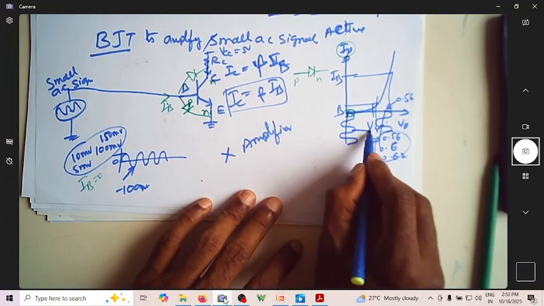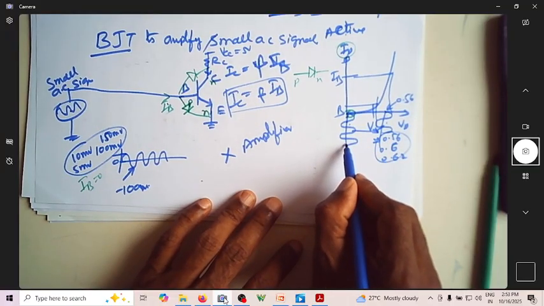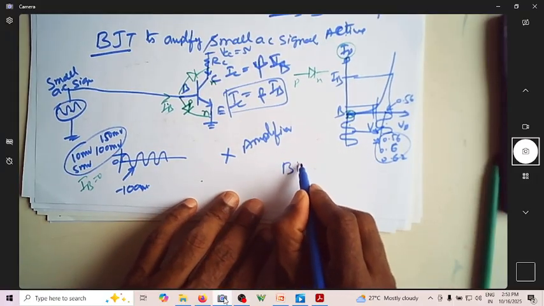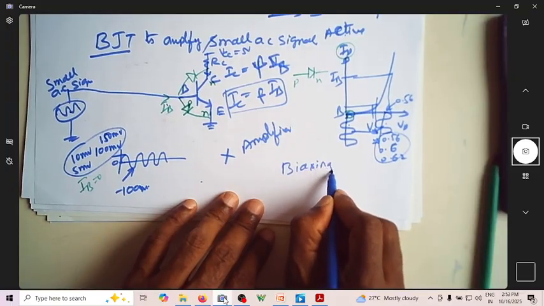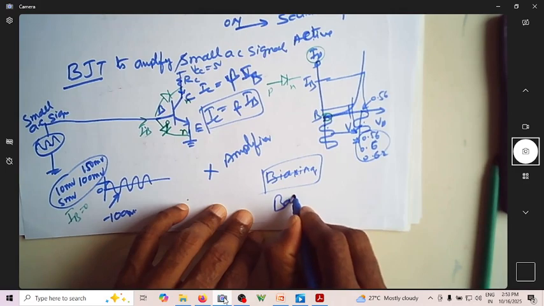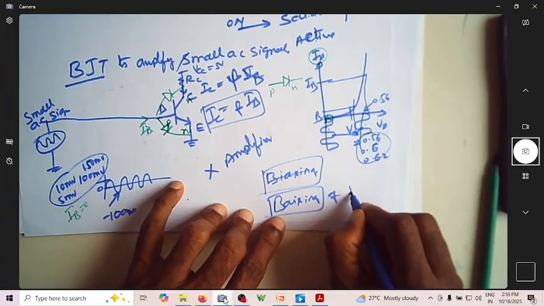How this shifting can be done, how do I level shift this input signal from this to this, that is known as biasing. This is biasing of BJT.